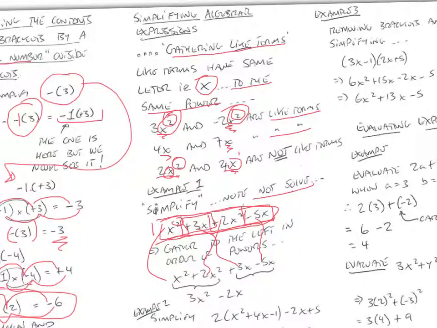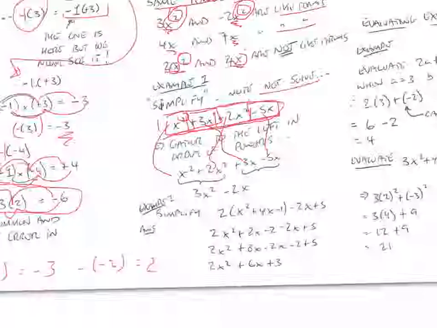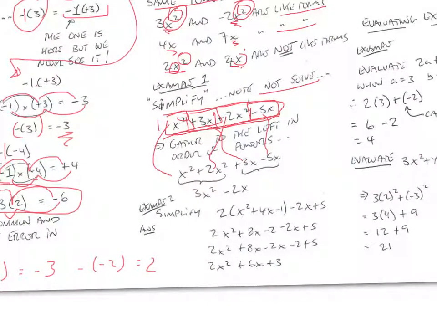Okay? So if we simplify that further, x squared plus 2x squared, we add those terms as 3x squared, and plus 3x minus 5x, plus and minus, negative, take the sign of the bigger number, minus, take the little from the big, minus 2x.